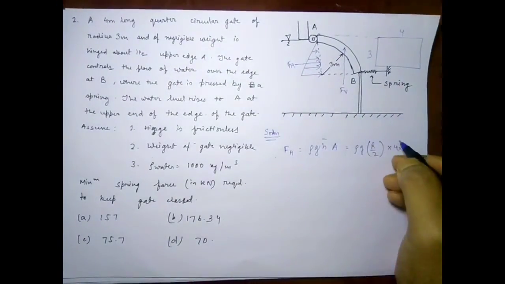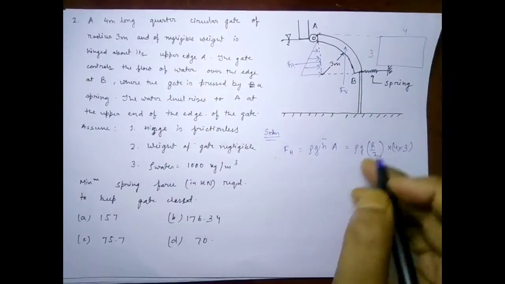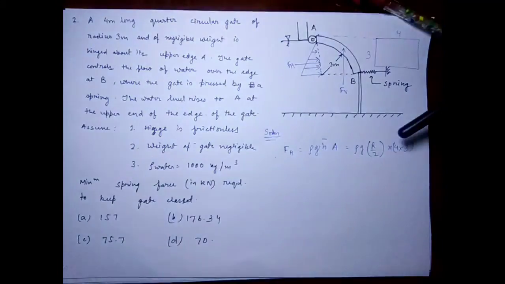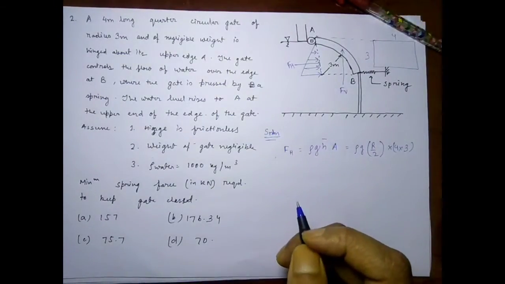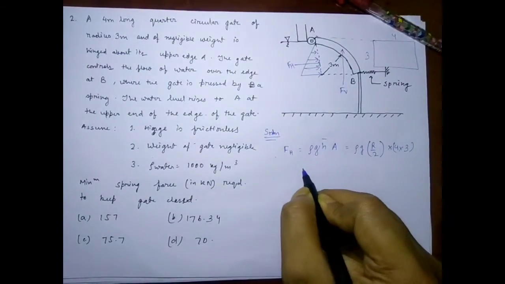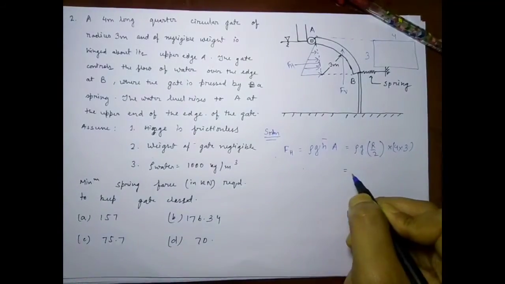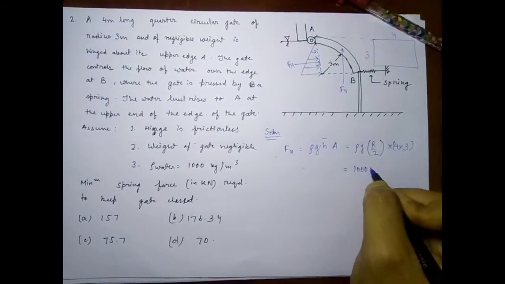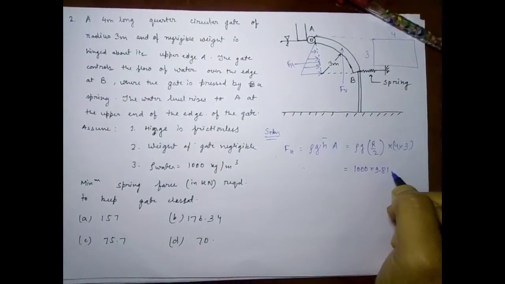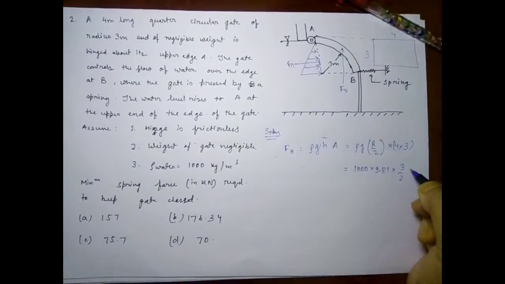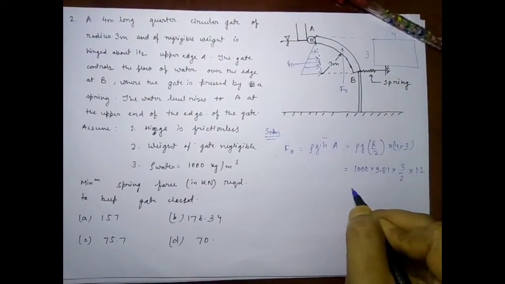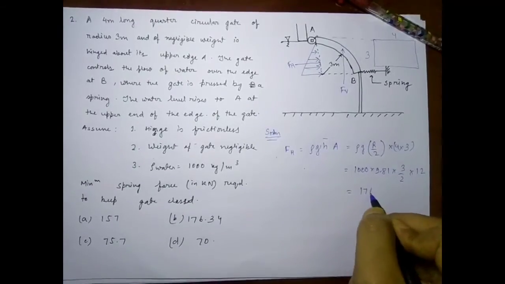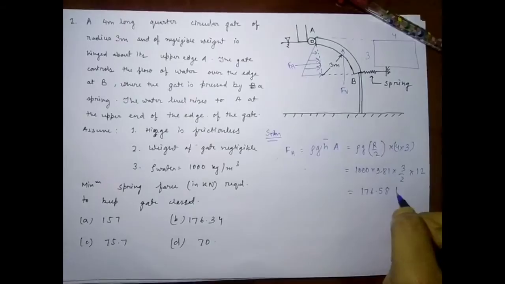So 4 into 3 will be the area, and therefore FH will be equal to 1000 times 9.81 times 3 by 2 times 12, and that is equal to FH is equal to 176.58 kilonewton.